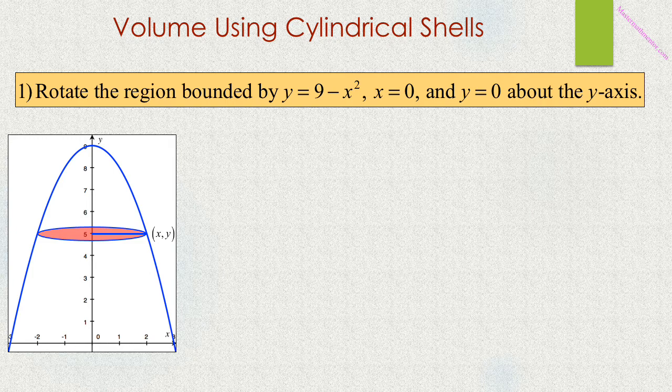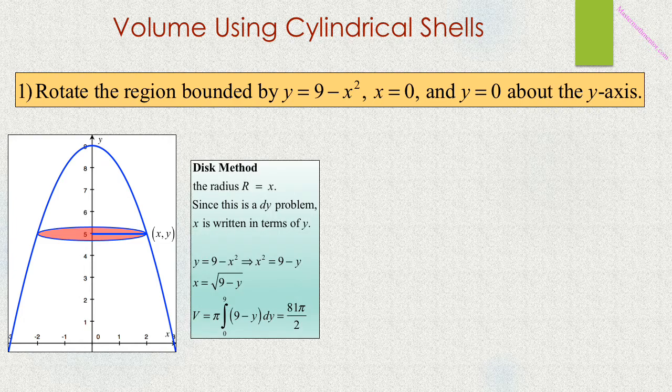We first draw the graph and rotate it about the y-axis and realize that this is a disk problem. We draw a representative disk, and at the circumference of the disk, we choose the point (x, y). The radius r is equal to x. This is, though, a dy problem because our disks are stacked vertically. So we need to write x in terms of y.